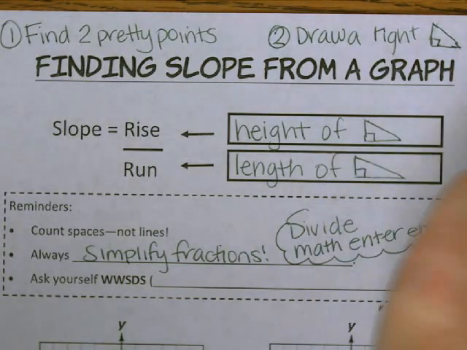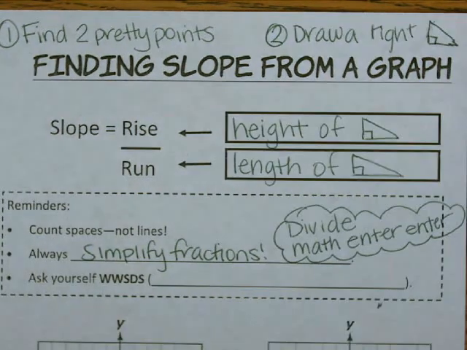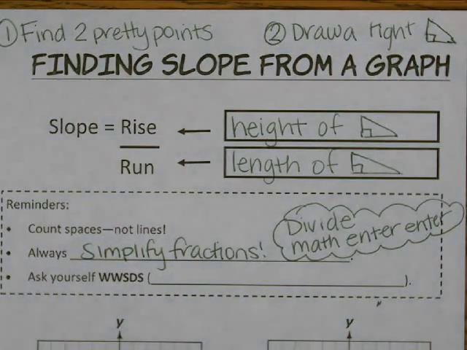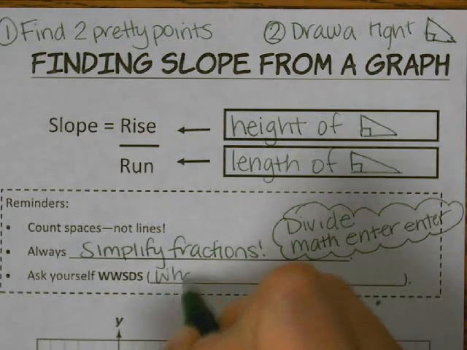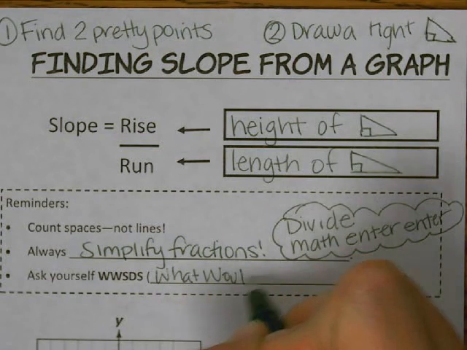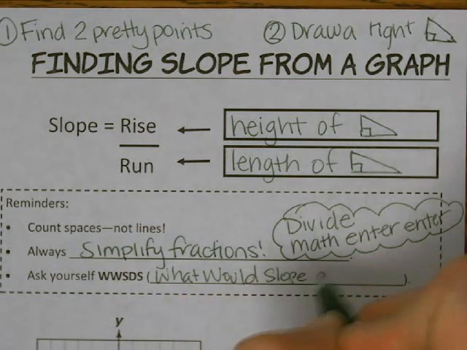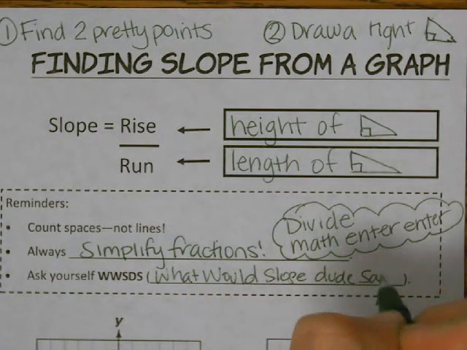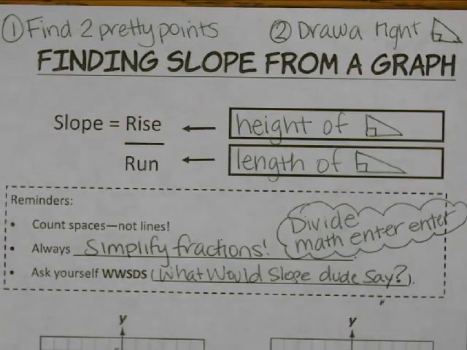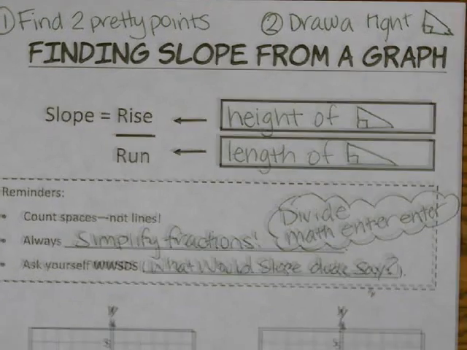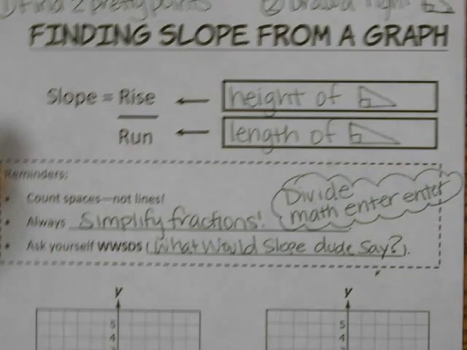And that's going to get you a simplified version of your fraction. You could also simplify it yourself. And then finally, you're going to ask yourself, what would Slope Dude say? Would he say puff puff positive, nice negative, all those things. So you have to imagine that's your slope dude.